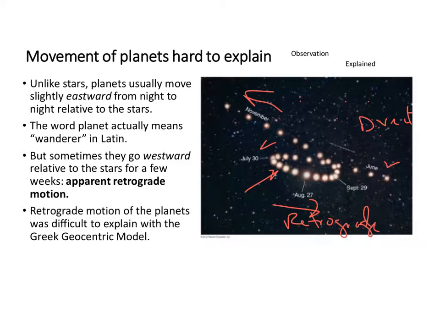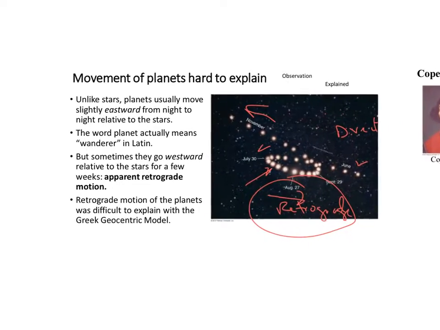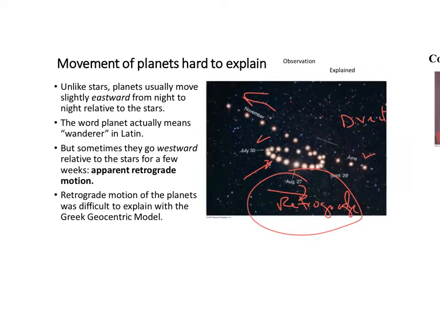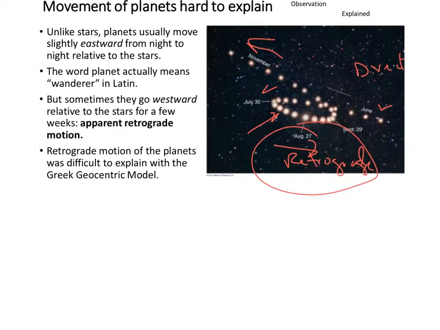Now, this retrograde motion has to do with when we overtake Mars in our orbit. Why does it occur?